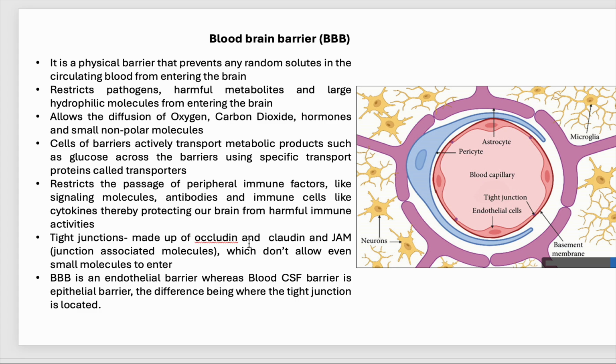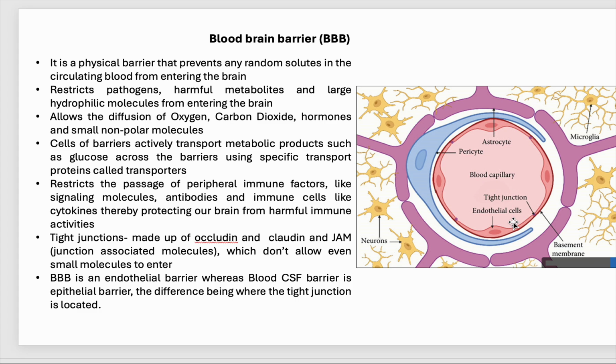But at this point, I'll mention something interesting about tight junction. It's made up of basically two main proteins, occludin and claudin, along with junction associated molecules. They don't even allow small molecules to pass through, so they are tightly bound, and they're very selective in letting things come inside the blood capillary.